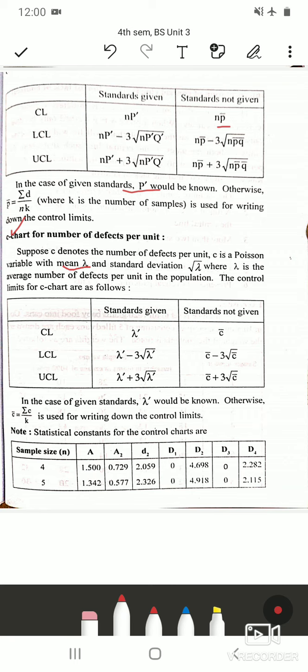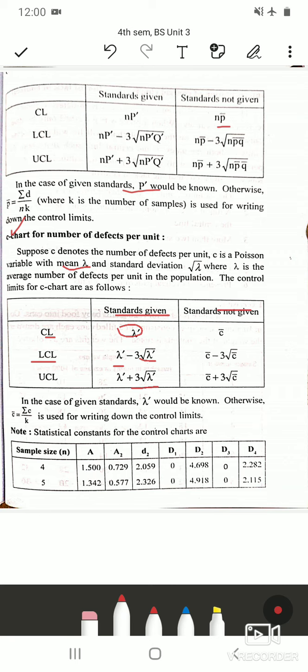So the control limits for the C chart will again be given for when standards are given and when standards are not given. The mean, that is lambda dash, will be known for the central limit, and then the lower control limit will be lambda dash minus 3 times the square root of lambda dash. This is your mean, this is your standard deviation. Again it is in the form of mu minus 3 sigma. Then the upper limit is lambda dash plus 3 into square root of lambda dash. This lambda dash would be known.